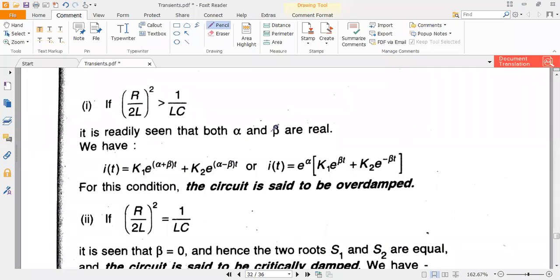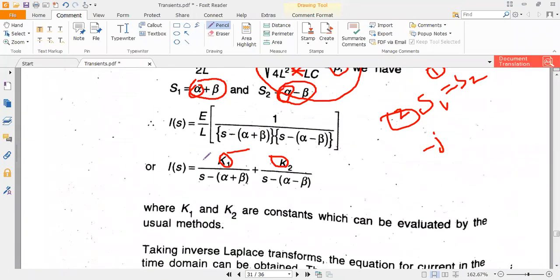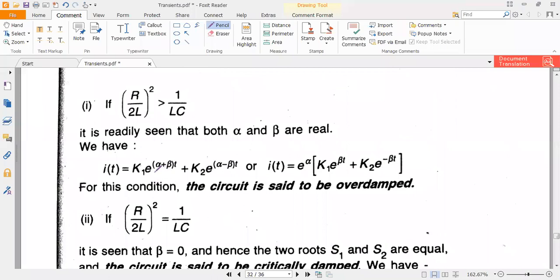So then alpha and beta become real parts. If you apply the inverse Laplace transformation to I(s), it becomes i(t). Similarly, applying the inverse Laplace transformation to these two terms, you will get k1 into e to the power of (alpha plus beta) into t plus k2 into e to the power of (alpha minus beta) into t. If you take e to the power of alpha as common, then you will get k1 into e to the power of beta into t plus k2 into e to the power of minus beta into t.